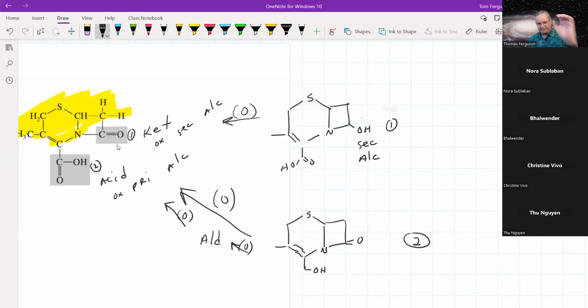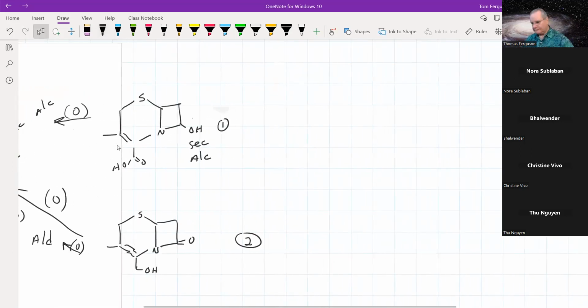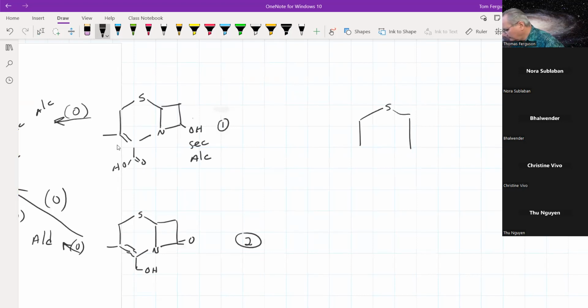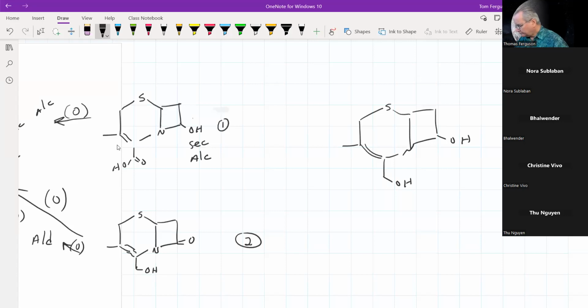So if we had it, it would take 3 oxidation reactions.